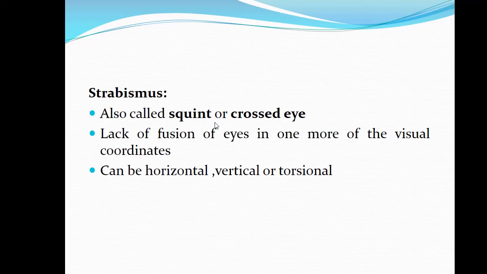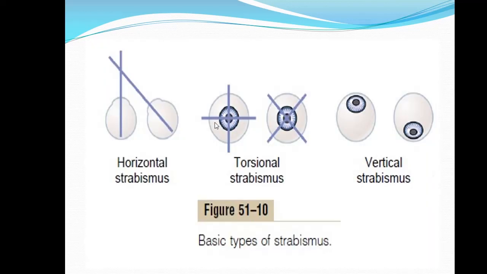There are three types of strabismus. It can be horizontal, it can be vertical, or it can be torsional. These different types of strabismus are based on the deviation of the eyeball.